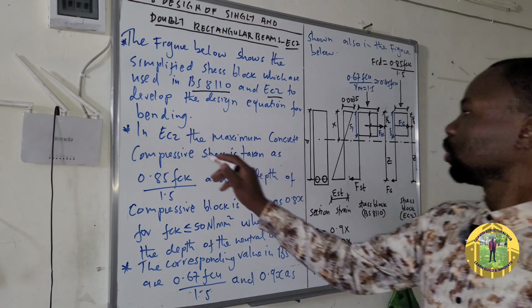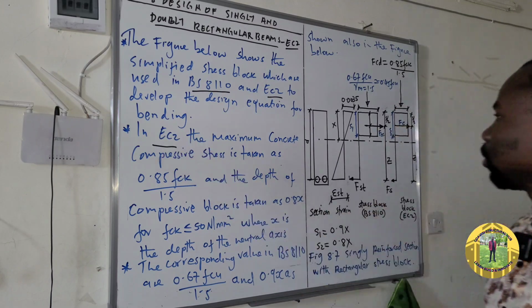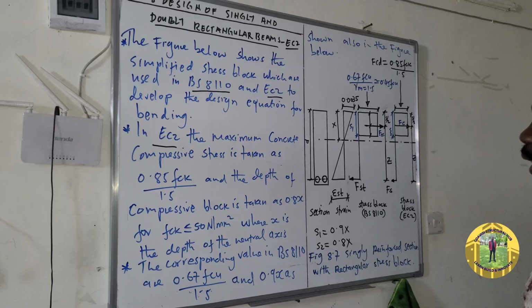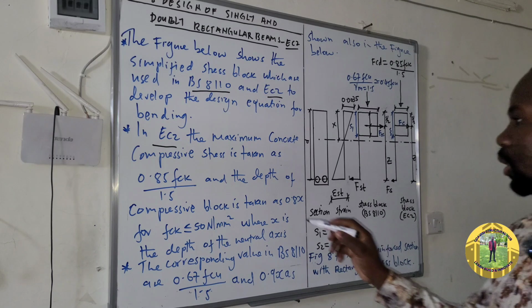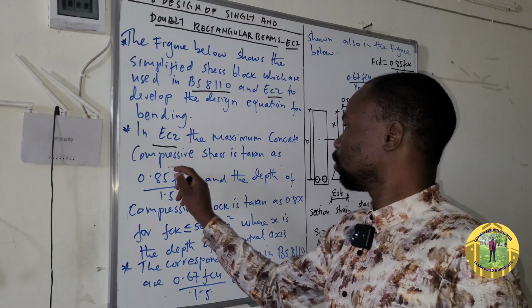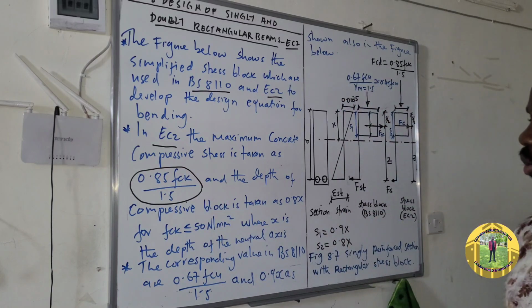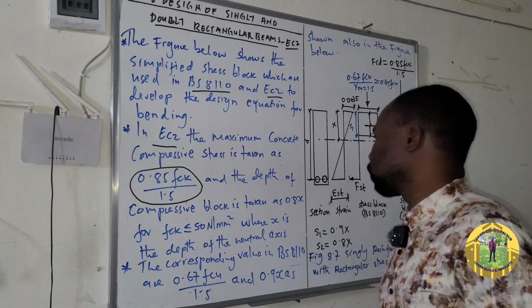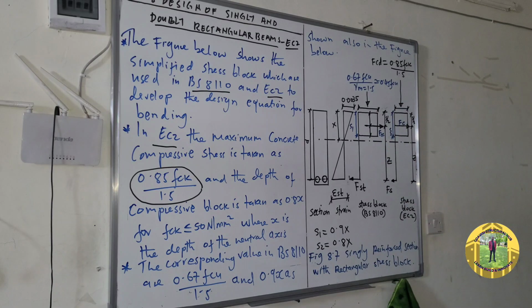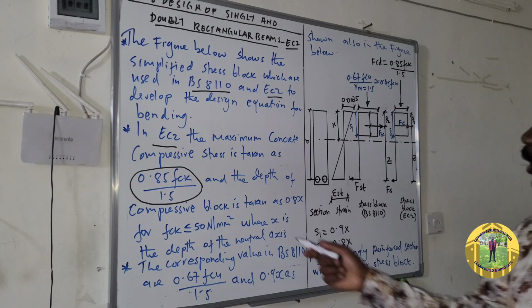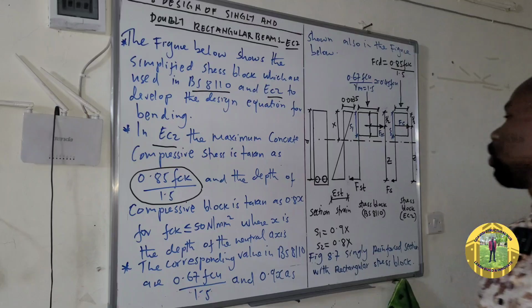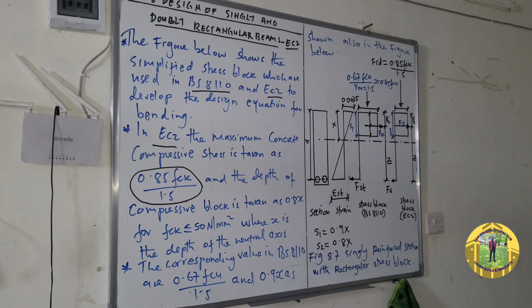In Eurocode 2, the maximum concrete compressive stress is taken as 0.85 fck divided by 1.5, whereby 1.5 is the partial safety factor for concrete, and fck is the compressive strength of concrete.